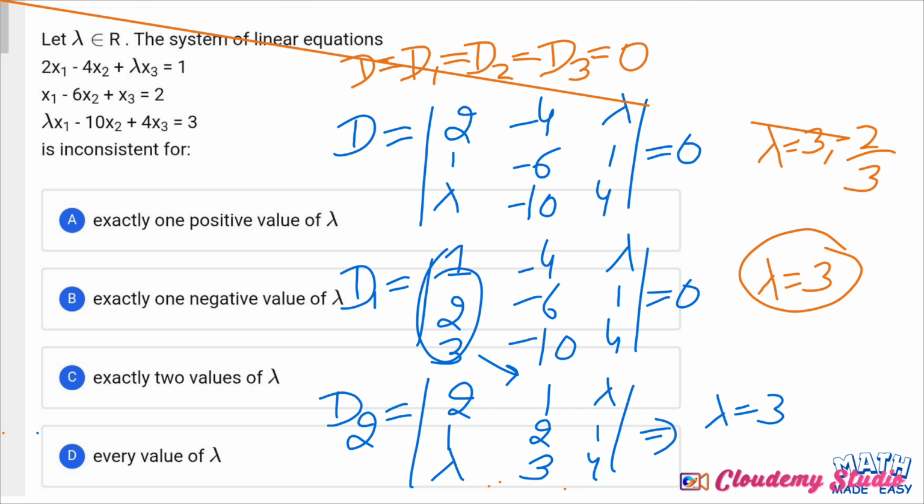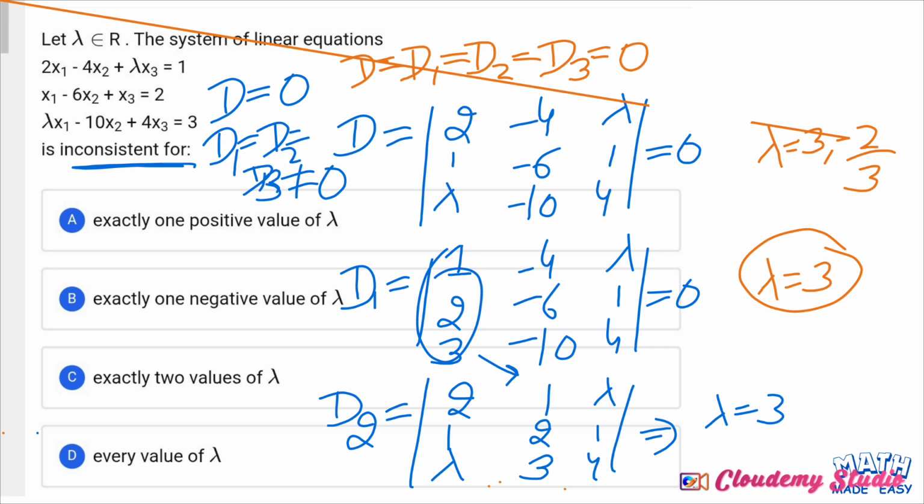So it means when lambda equals 3, your determinant is 0 because it is common everywhere. But we have to find that the solution is inconsistent. So it is inconsistent when d is 0 but any of d1, d2 or d3 is not 0.